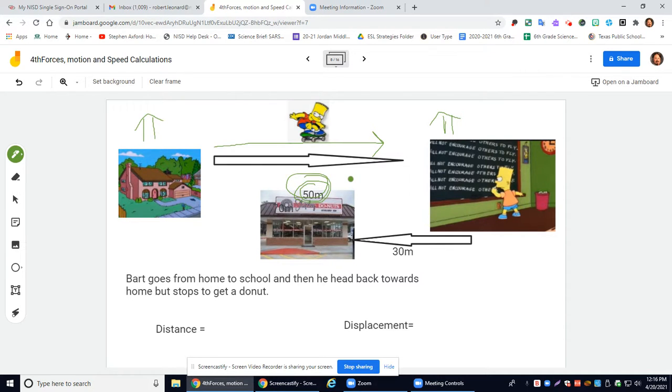Okay, so he went 50 meters from his house to school. And then after he did detention, he went and got a donut. And that was 30 meters to get a donut. First question, what is his total distance traveled? 80 meters. Very good. He traveled a total of 80 meters.